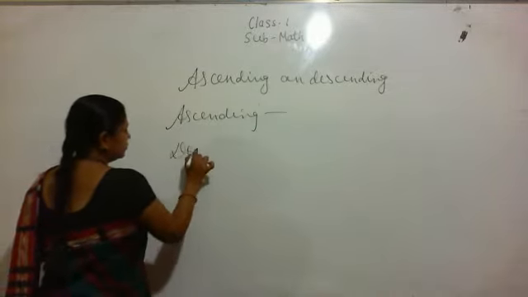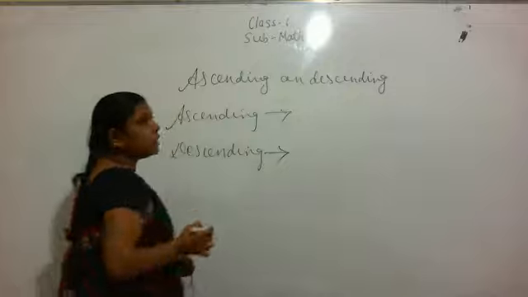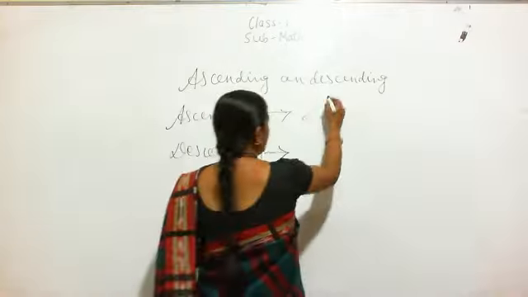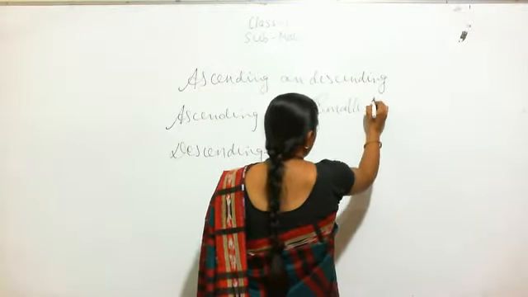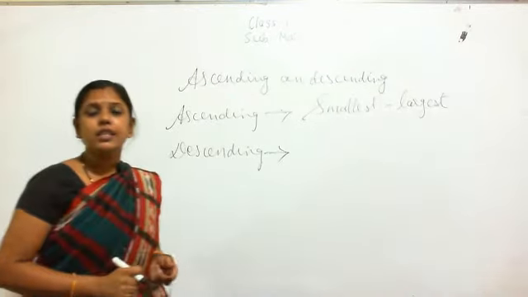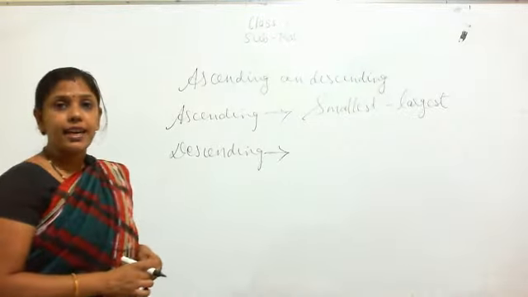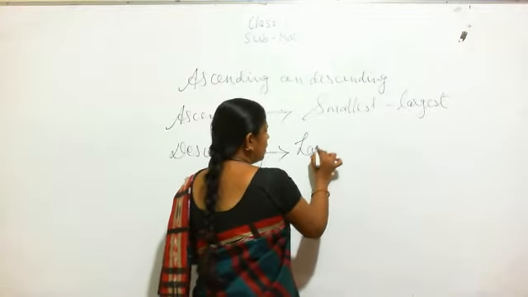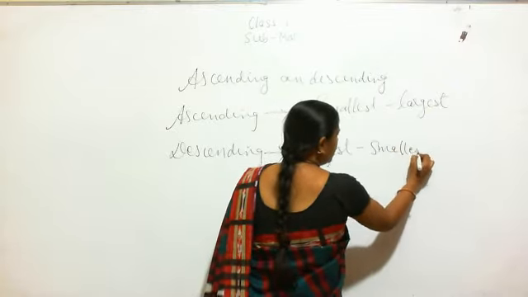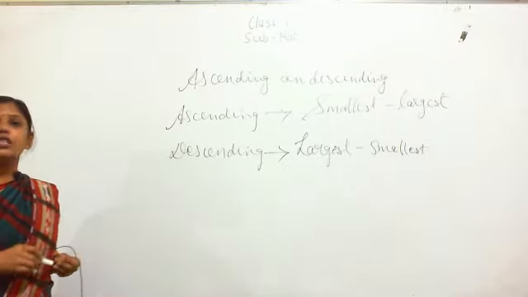So first of all, ascending means arranging numbers from smallest to largest. And descending means arranging numbers from largest to smallest.